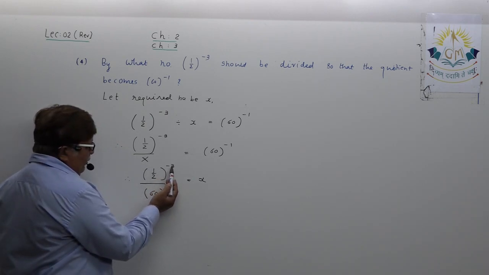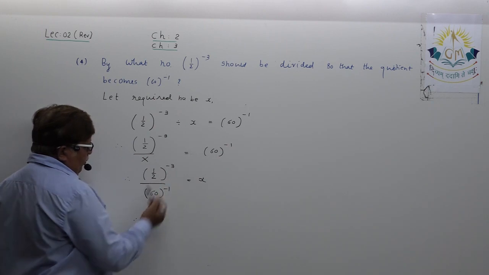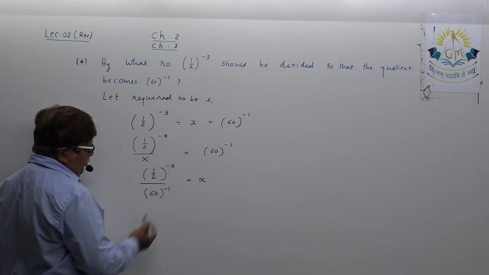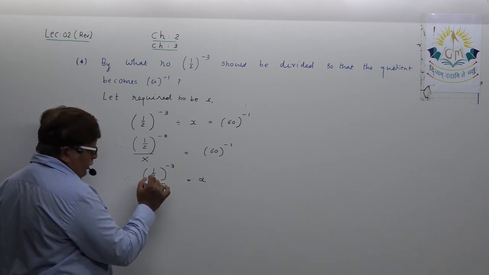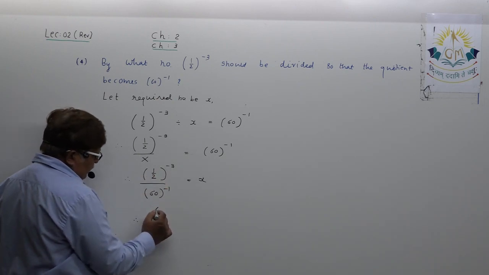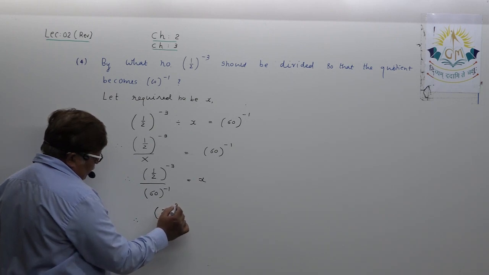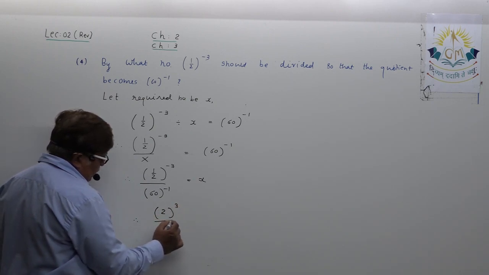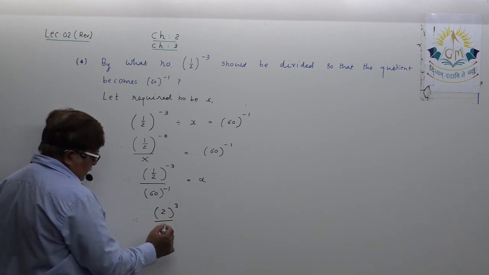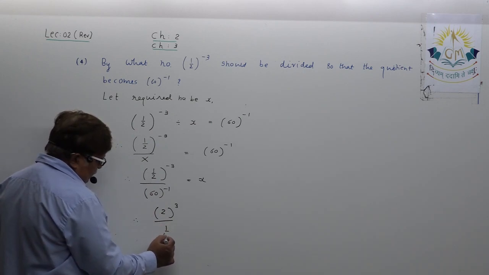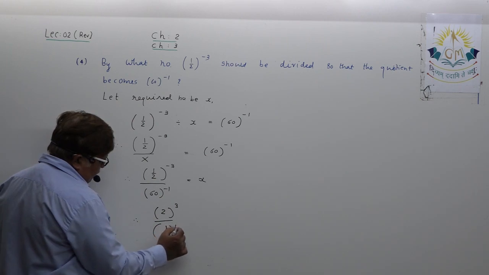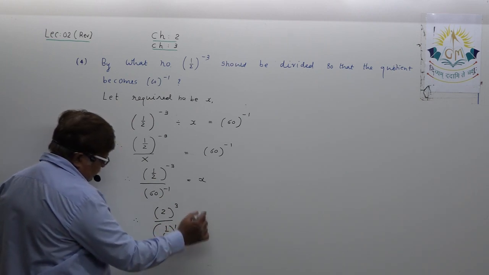Now it's a simple question of evaluation, and for that purpose power needs to be made positive, so the base needs to be reciprocalized. 2 raised to 3 upon 1 upon 60 raised to 1 equal to x.